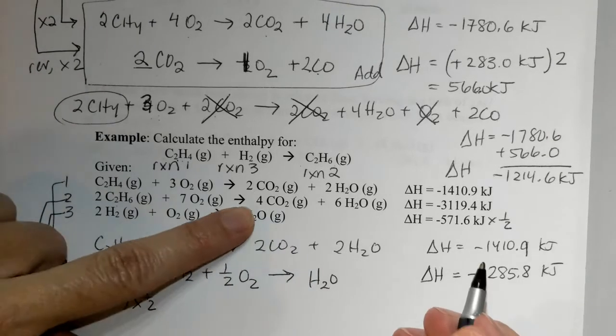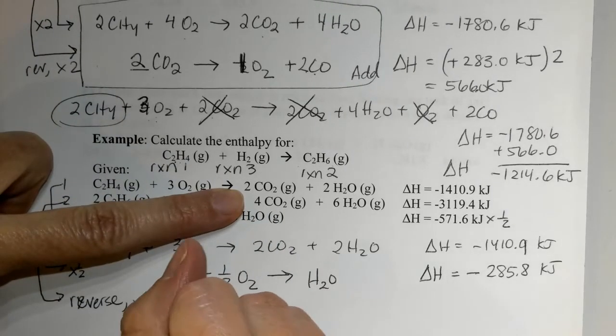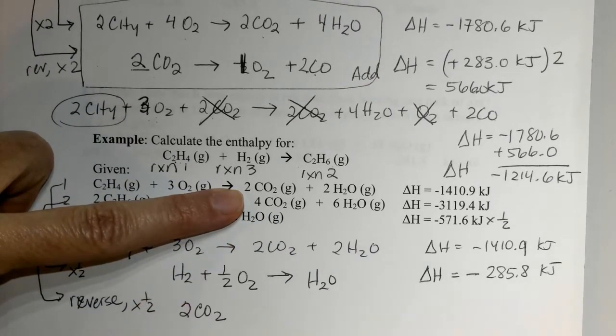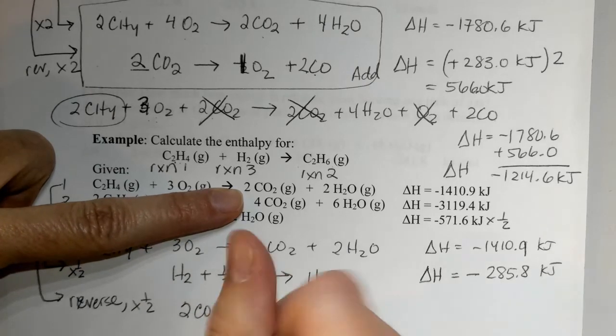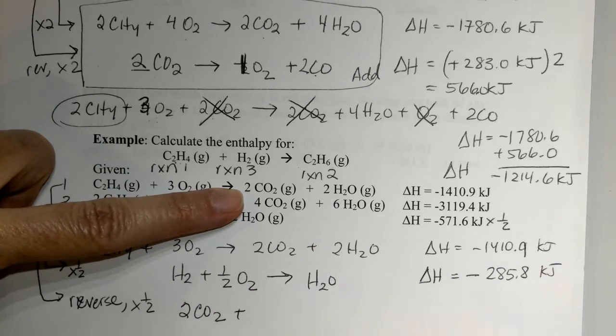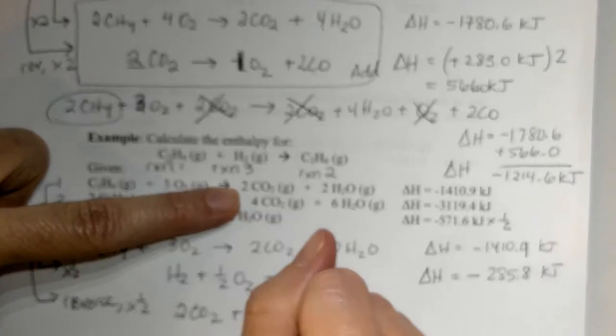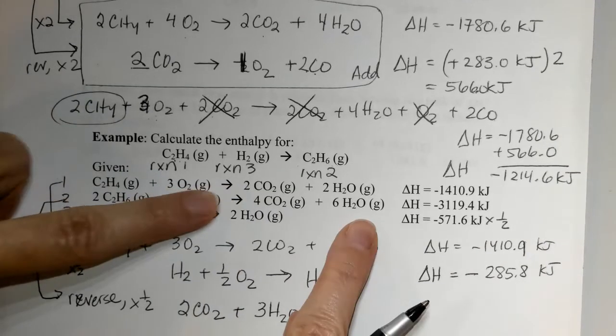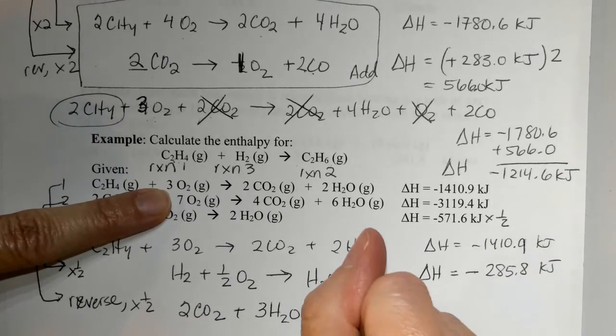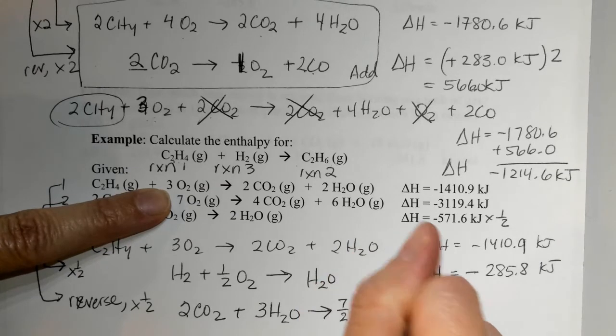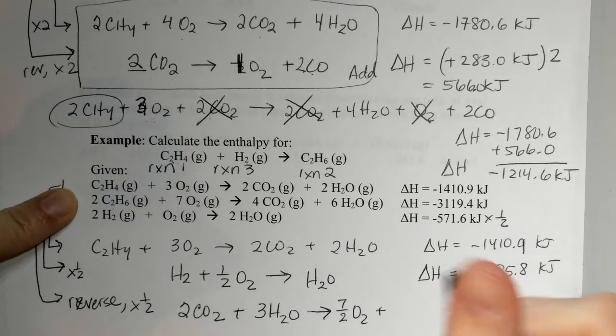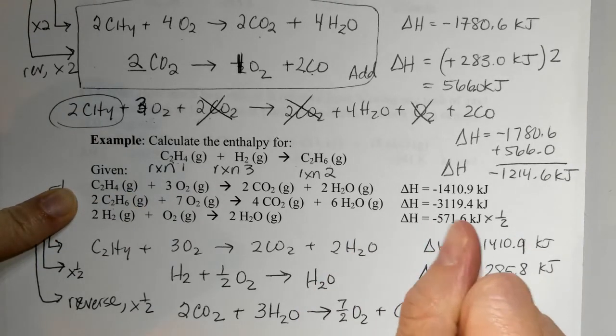So my product, carbon dioxide, becomes my reactant, but half as much would be from 4 to 2. Instead of 6 waters, I'll have 3 waters. And then on the other side, my reactant of 7 oxygens becomes 7 halves. And instead of 2 ethanes, I'm only going to have 1.